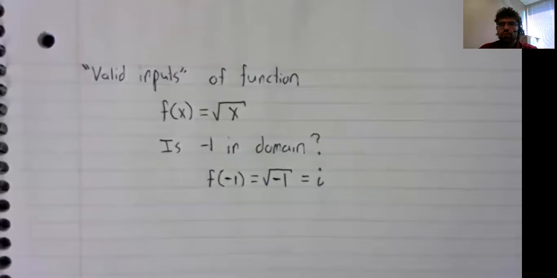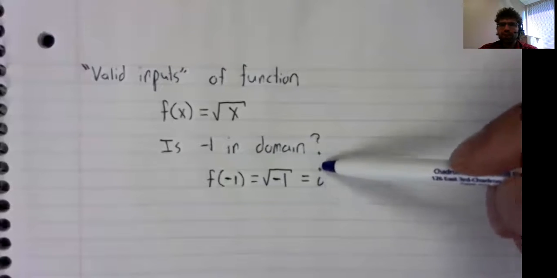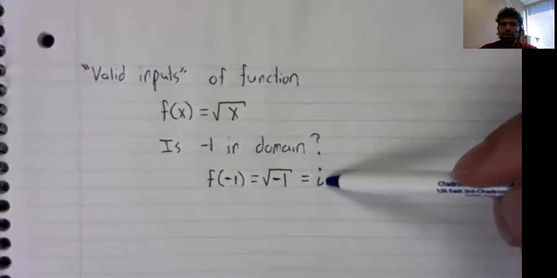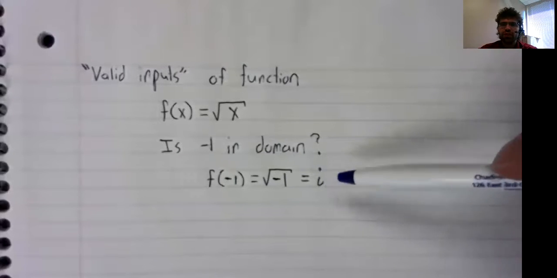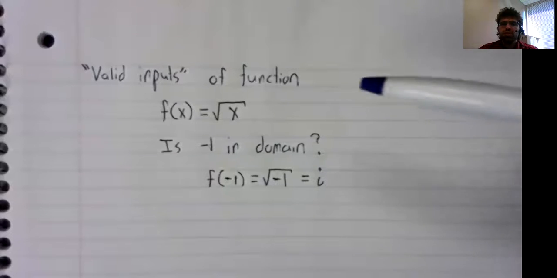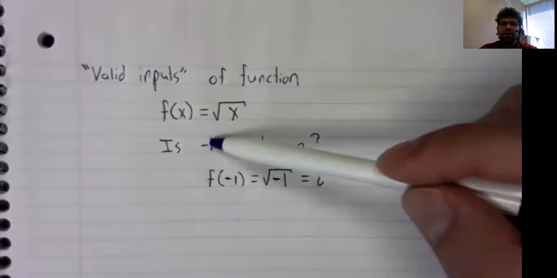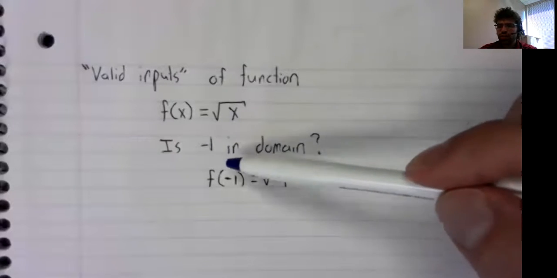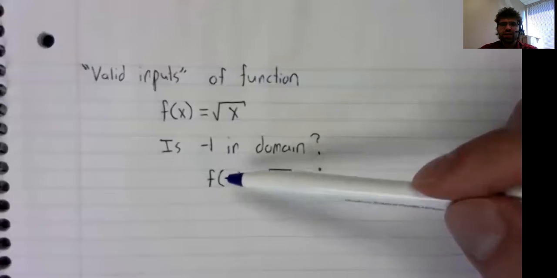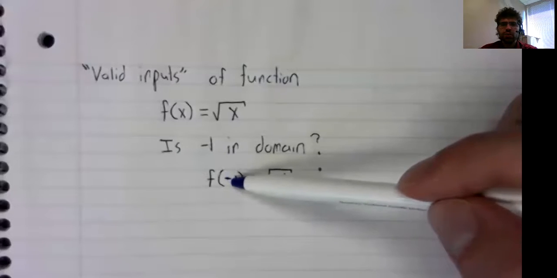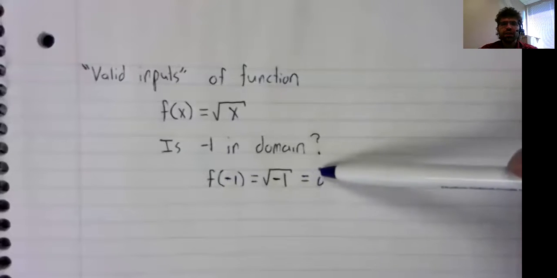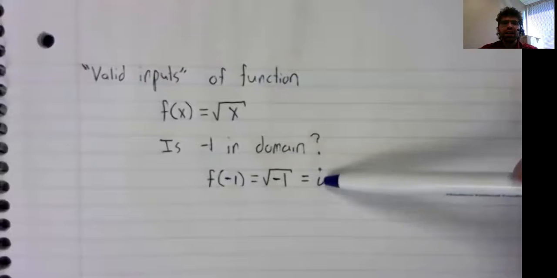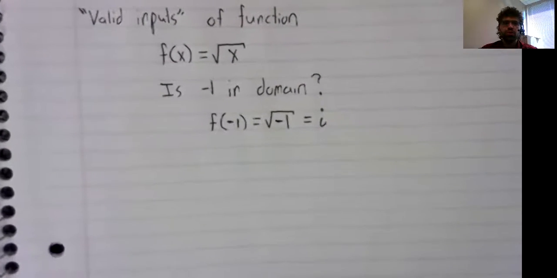So in most word problems, you don't want to see the imaginary unit. And we'd probably like to say that -1 isn't in the domain of this function, even though in a sense it's a valid input that gives a valid output.